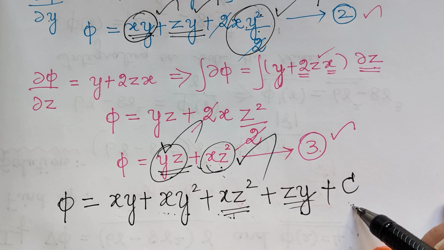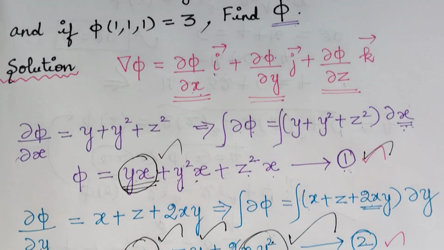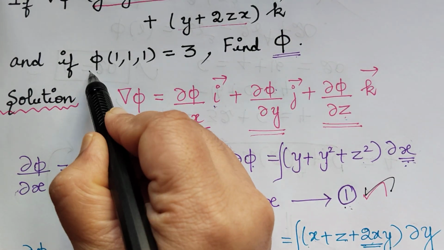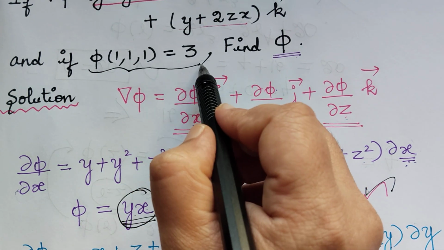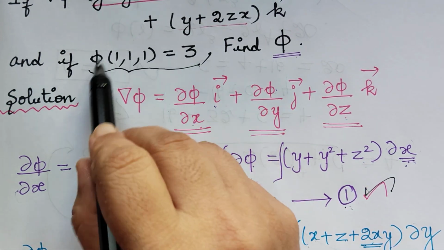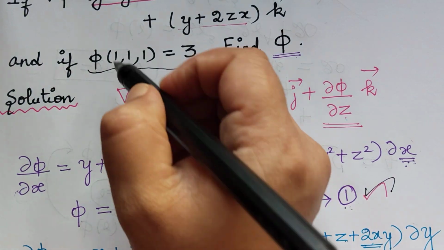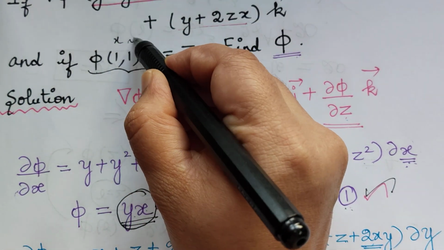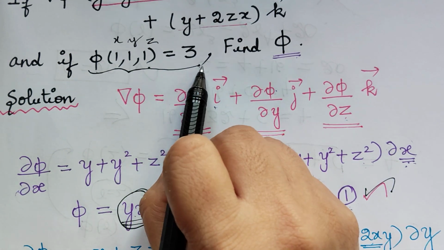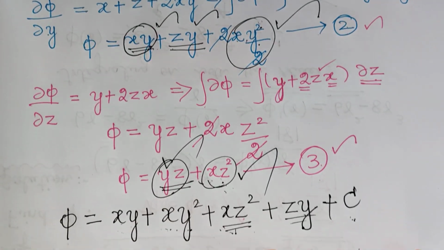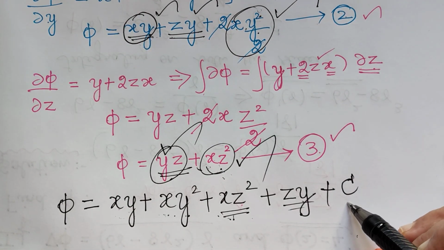Are we done with the problem? No, because they have given a condition here. They have given that phi of 1 comma 1 comma 1 is equal to 3. So using this condition, we have to substitute x as 1, y as 1 and z as 1 and equate to 3 so that we can find the constant c. So how to do that?